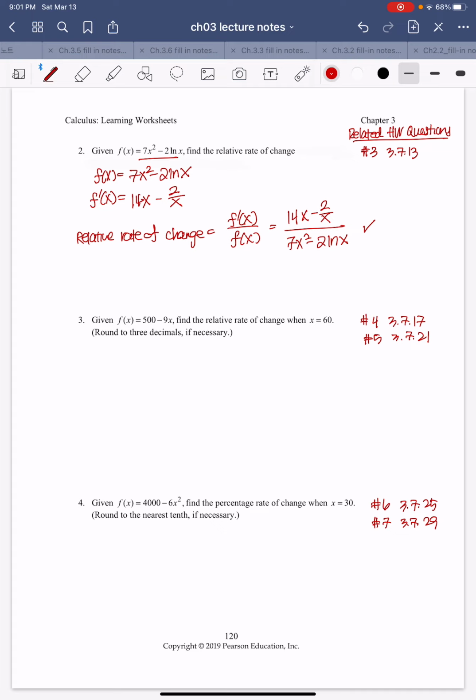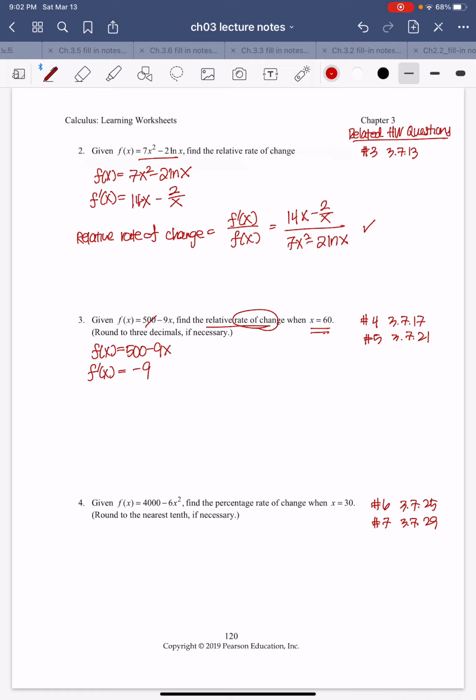Number 3 is very similar. We will find the relative rate of change, except we are given specific x values. So we will do substituting. Okay. So let's do one more. That means f of x is 500 minus 9x. f prime of x will be, well, 500 is just a constant, so 0, and the derivative of 9x is negative 9.